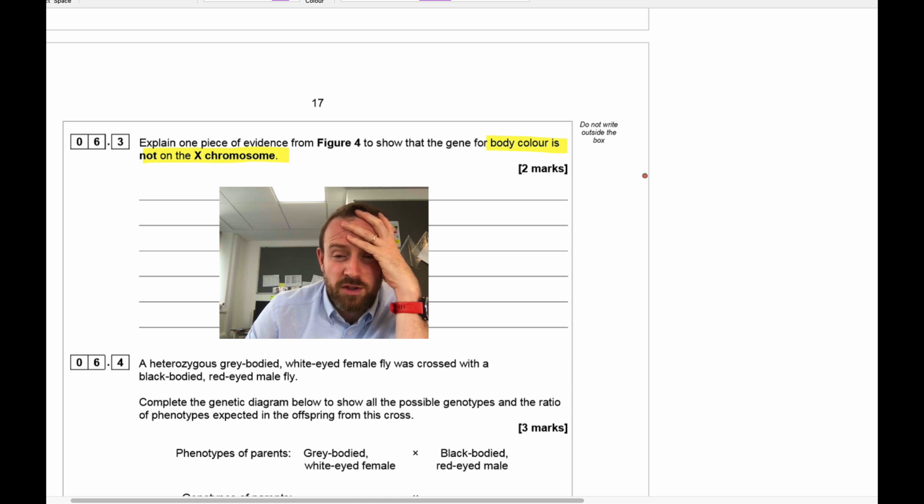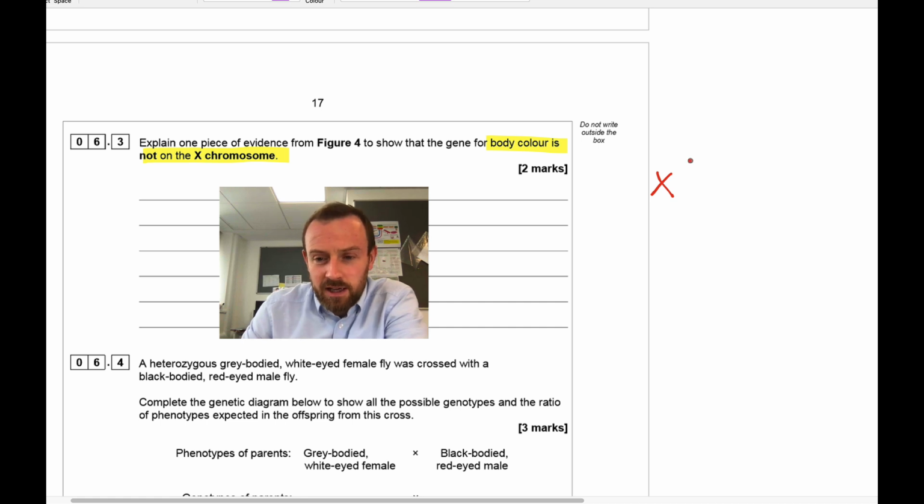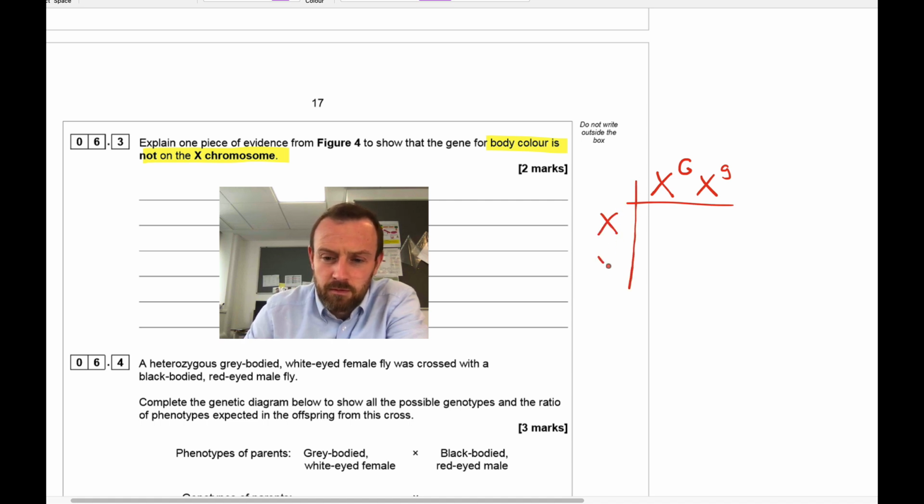If it was, it's not, but what if it was? Then we'd have something like this, X big G, X little g, and we'd do a cross.